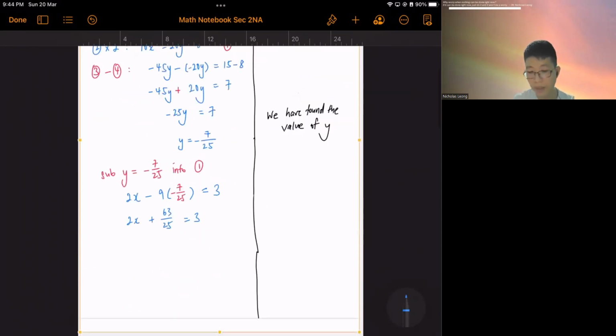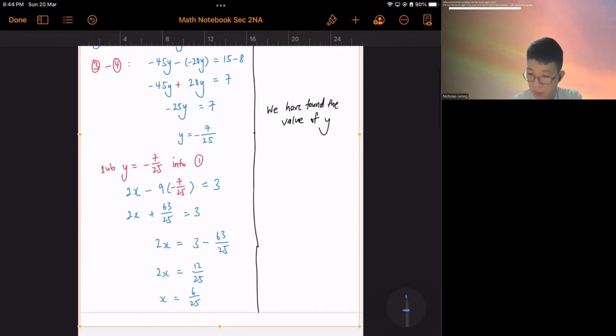To solve for the value of x, you need to rearrange the equation. Once you rearrange, you should get 2x equals 3 minus 63 over 25. This will give you 12 over 25. Since we want to find x, I need to divide the equation by 2, so you get 6 over 25.